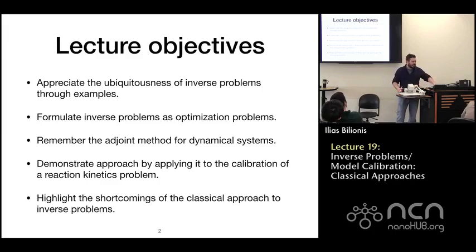So what we're going to come up with is called the classical formulation of inverse problems. And I will tell you right now that it doesn't really work unless you have found the perfect model and you have very, very little noise in your experimental measurements.